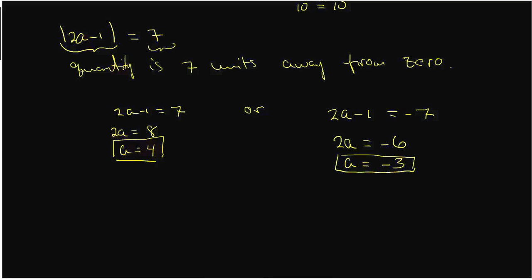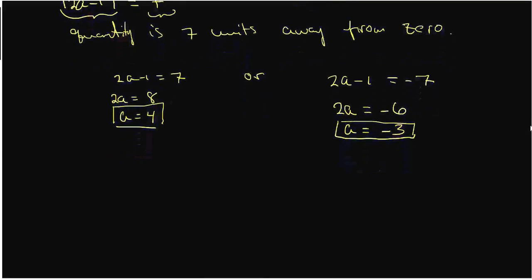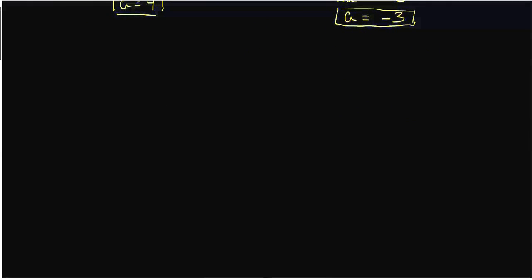I'll give you one more. Say we have something with fractions in it. Suppose I have, I'm sorry, let me do that again. The absolute value of 2/3 x minus 3, plus 5 equals 12.